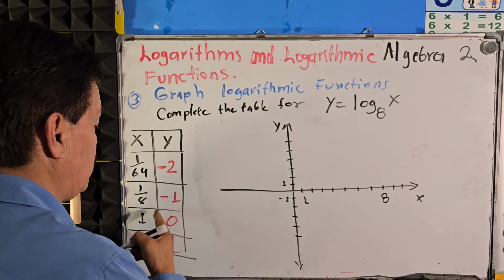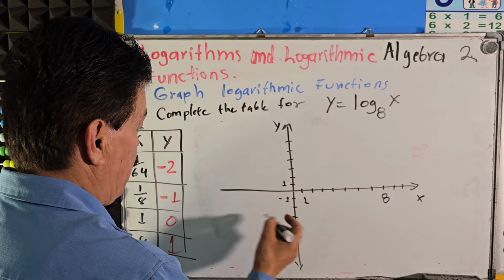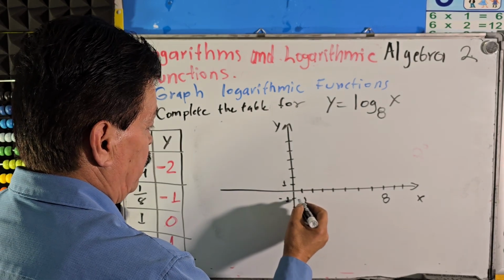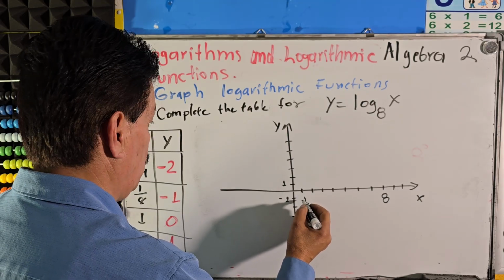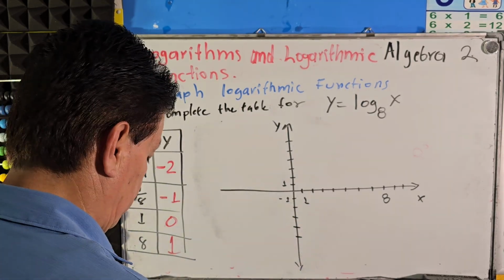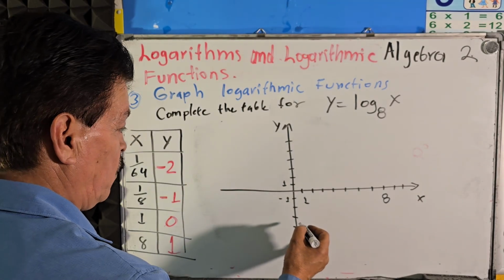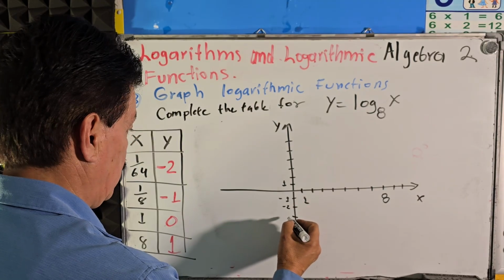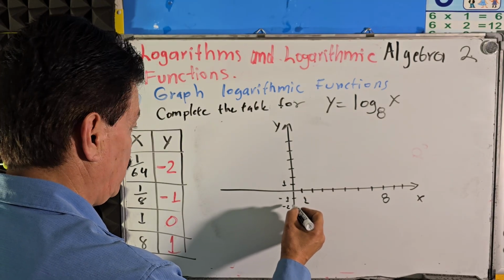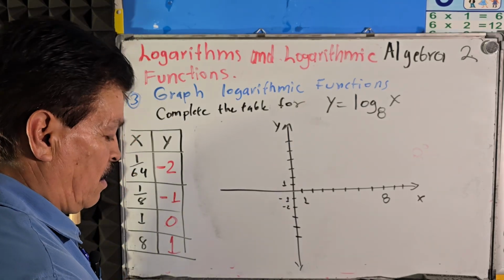So we have some numbers. And then in white, we have negative 2. So for x, let's write negative 2, negative 1, 0, 1. Yeah, that's enough.